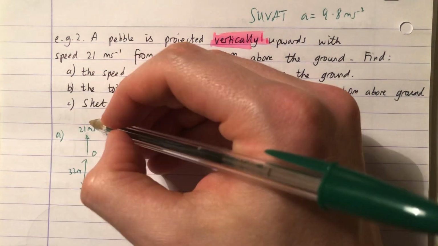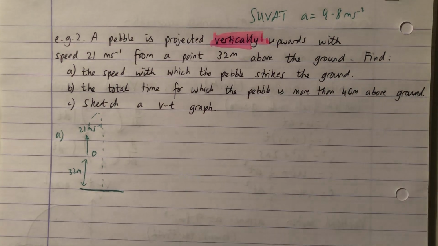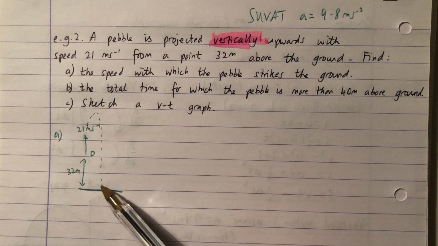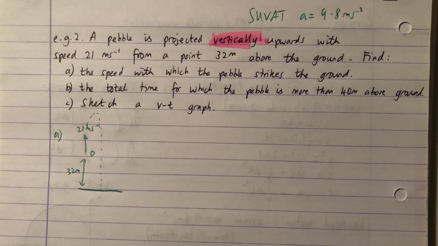And this pebble will go straight up, reach a maximum height, and then come back down and hit the ground. We want to find the speed at which it hits the ground. So just as it's about to hit the ground, not the speed just after when it's come to a stop, but the speed it strikes the ground.